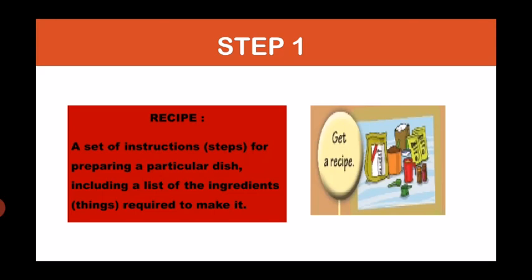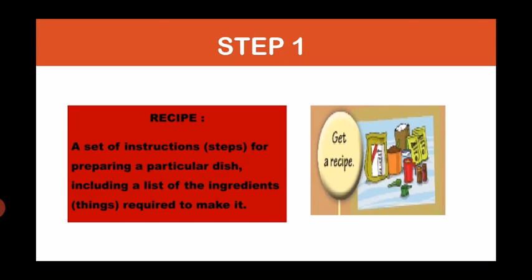Step 1. So what is the first step in making a biscuit? The recipe. Recipe means a set of instructions or steps for preparing a particular dish, including a list of the ingredients or things required to make it.